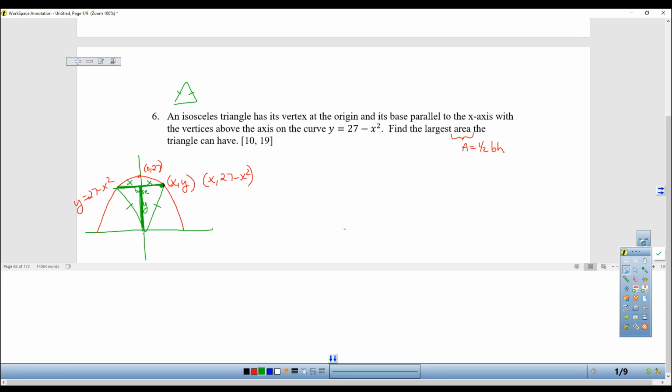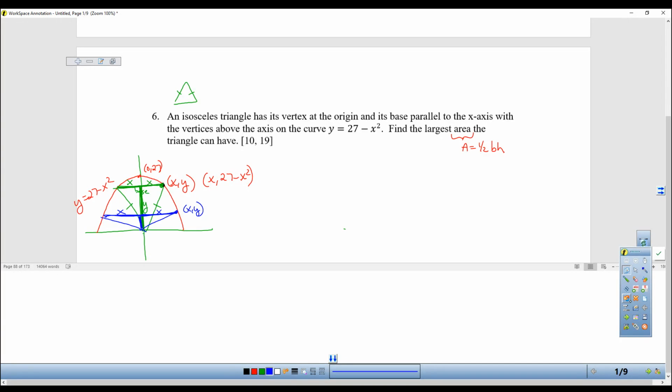But the base is going to be 2 x's. Even if I had drawn it differently, just to show you that it works, on this one, this is the point (x, y), and this is the height y, and the base again is 2 x's because this is x and then this is x. So it works no matter how I draw it.